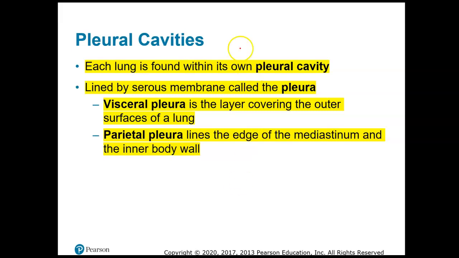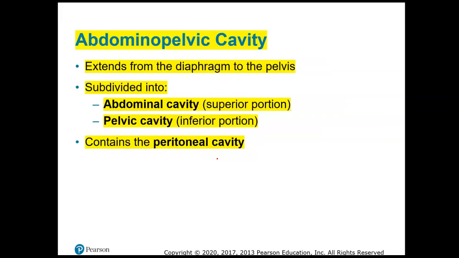Now, the pleural cavities contain the lungs, and each lung has its own pleural cavity, so there are two. The serous membrane that covers the lungs is called the pleura. The visceral pleura contacts the lungs. The parietal pleura lies outside the visceral pleura, and there is pleural fluid in between the visceral and parietal pleura.